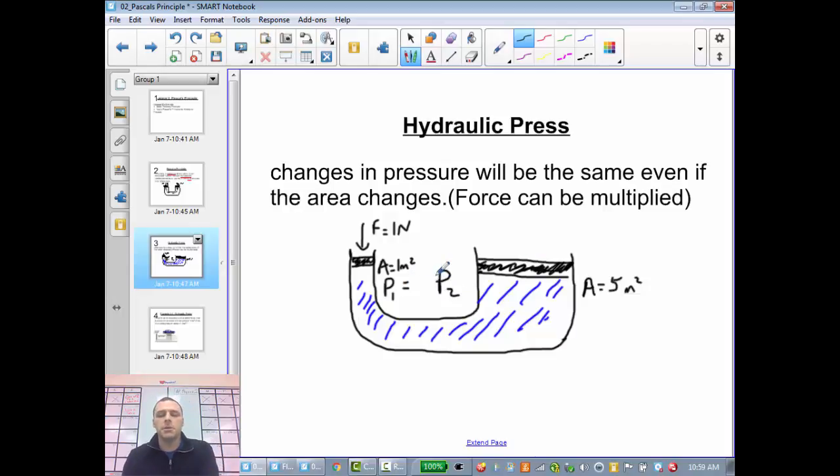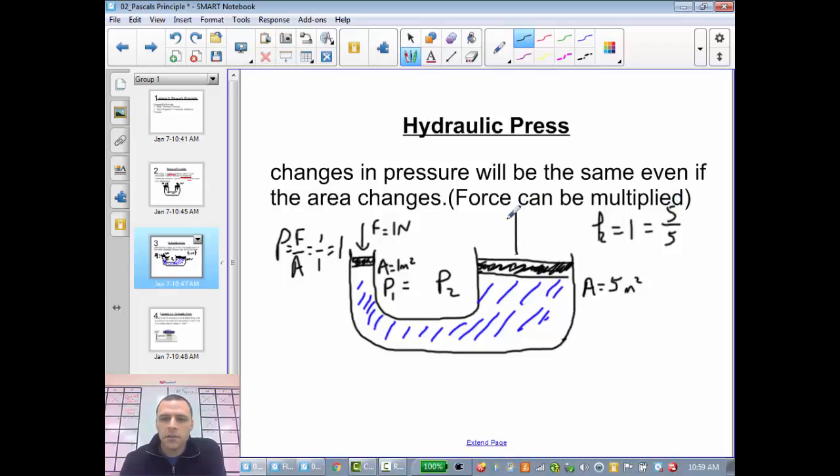The pressure is transmitted equally. We can use the equation that we learned in the first lesson. Force divided by area equals pressure, 1 divided by 1. The pressure is 1 on the left side. The pressure must be 1 on the right side. And the only way to achieve that is to have a force that is equal to 5.